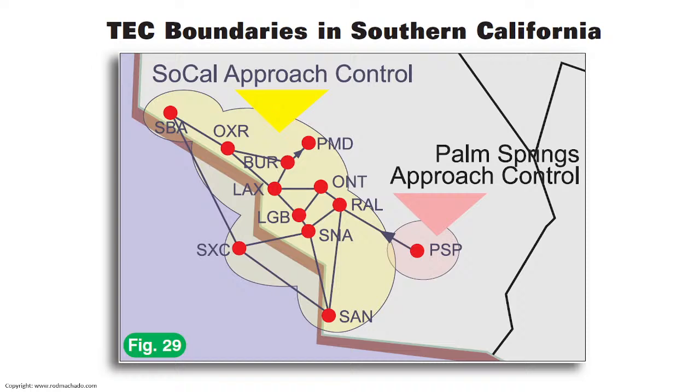I don't even know what SXC is. But the bottom line is, you're following a route like this one here, and you may go from SBA to OXR to LAX to LGB to SNA to SAN. You never get up into center's airspace. You specifically have to request those routes, all right?